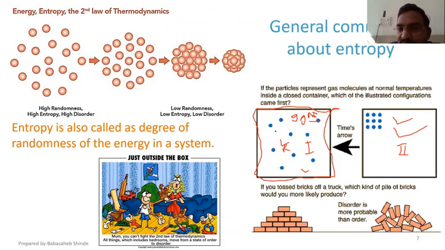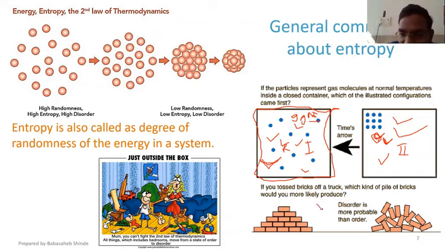They are randomly placed. So the degree of randomness is more in state 1 and less in state 2. The obvious or naturally accepted state is randomness. If you let things happen on their own, randomness is going to be there. And if you want this kind of arrangement, you need to have control over the process, right? If you lose control, you will get this kind of system, and if you have control, you will get this kind of system.